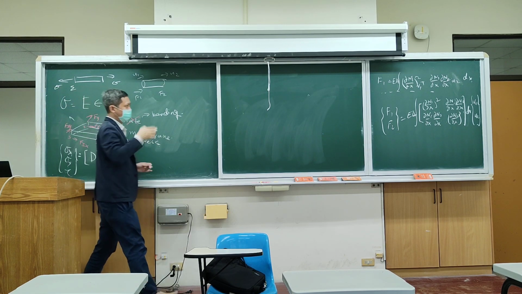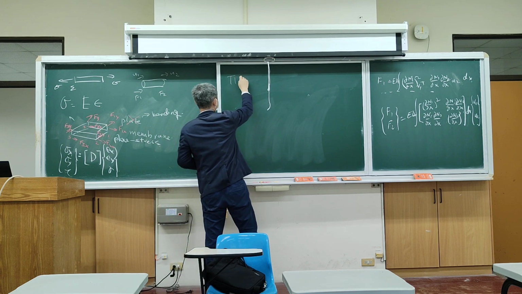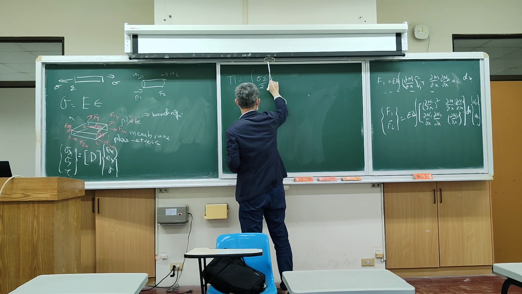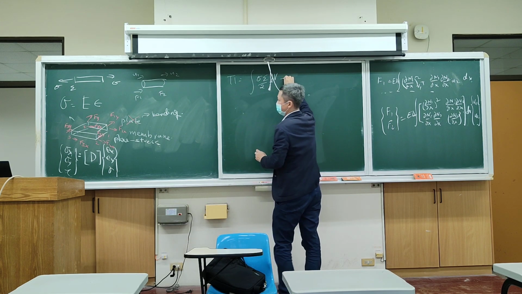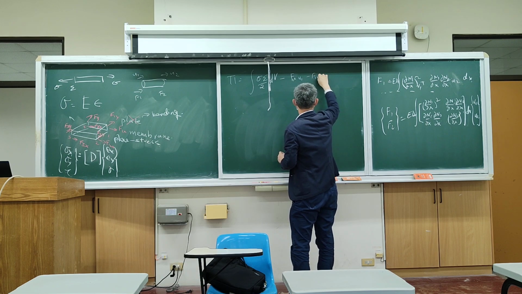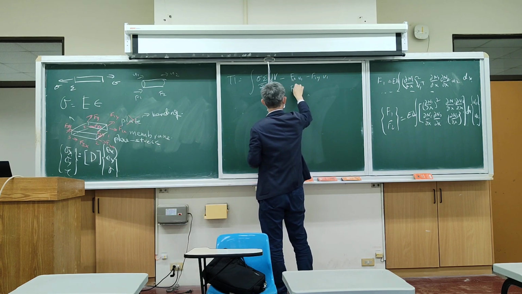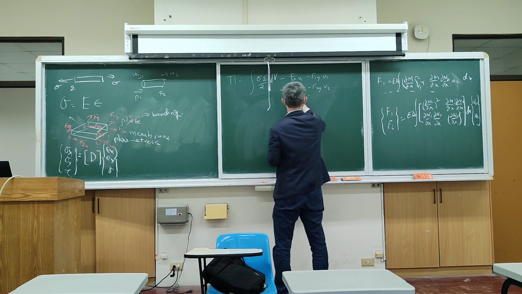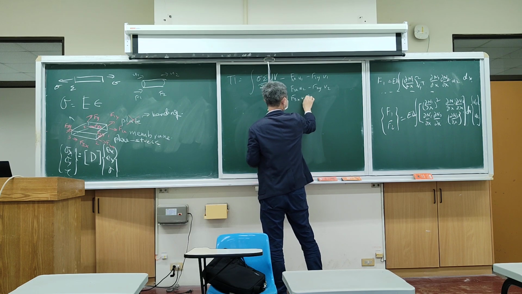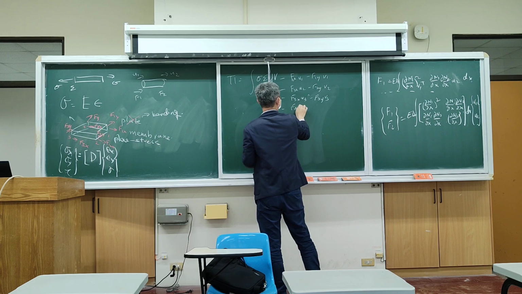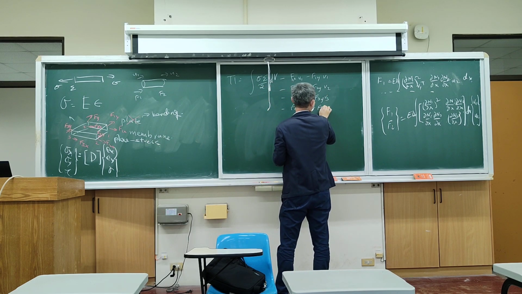Okay? So my total potential energy will then be my stress, strain, product, and the volume minus F1x U1 minus F1y V1 minus F2x U2 minus F2y V2 minus F3x U3 minus F3y V3 minus F4x U4 minus F4y V4.